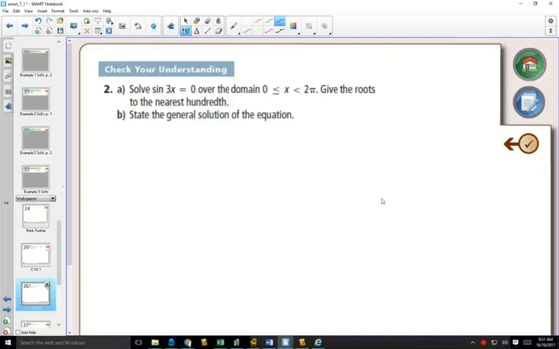Example 2 introduces another big type of question that we're going to look at. When certain big types of questions come up throughout the year, I give them special names. So these ones, I'm going to call multi-revolution questions. By giving them special names, I find that helps you connect to your thinking of saying, oh yeah, we solve it this way.